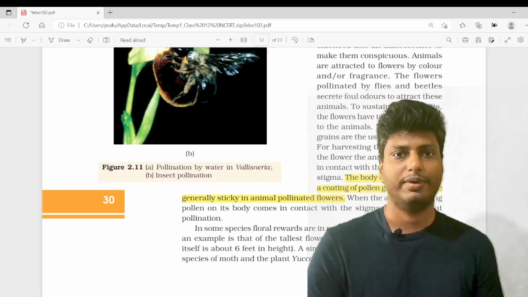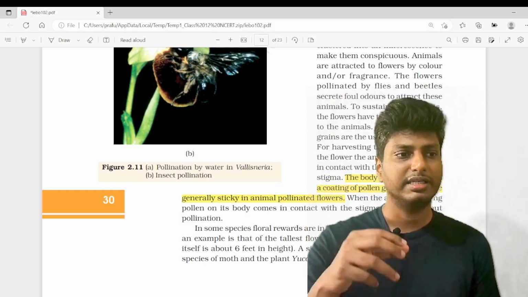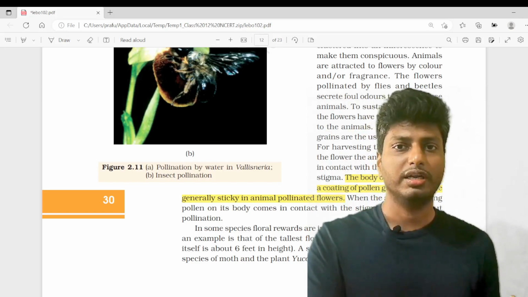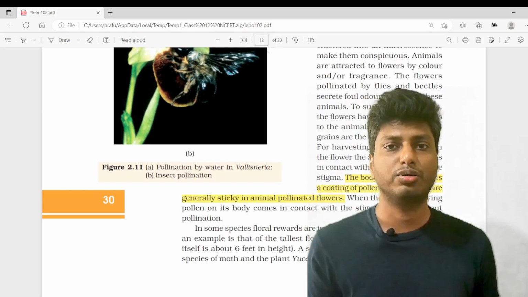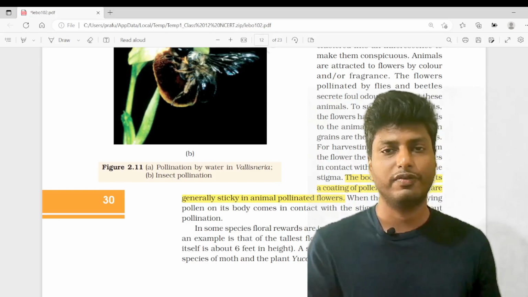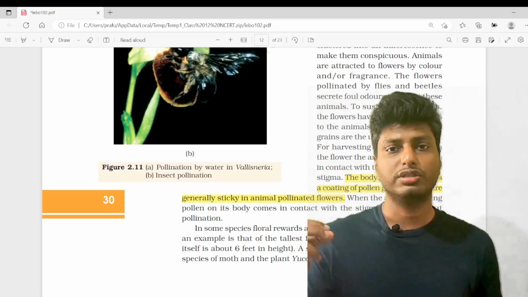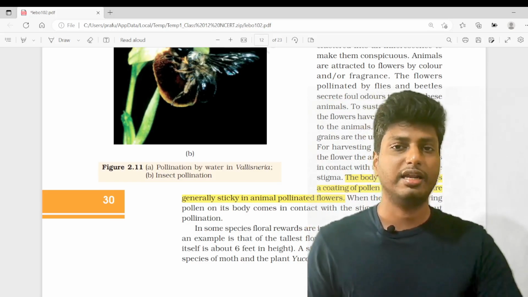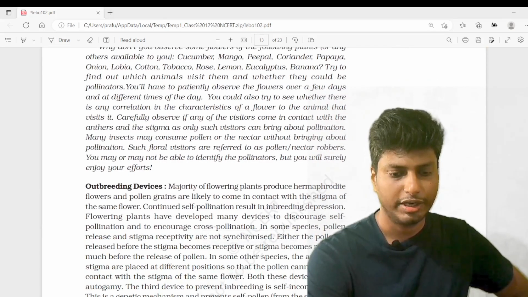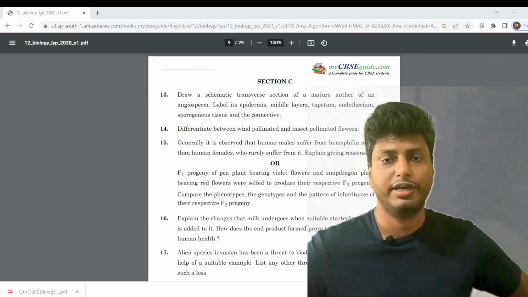Because when the insect goes inside the flower to suck the nectar, pollen grains from the anther can stick to the back of the insect, and whenever the same insect goes to another flower to take nectar, those pollen grains can again stick to the stigma of the other flower. So I hope now you have understood the difference between wind pollinated and insect pollinated flowers.